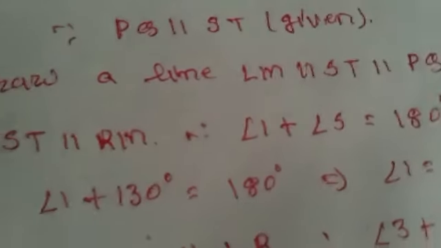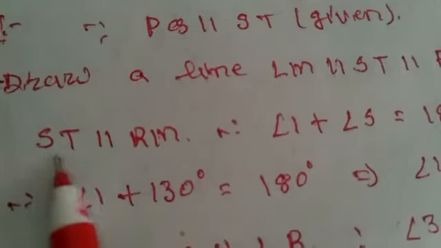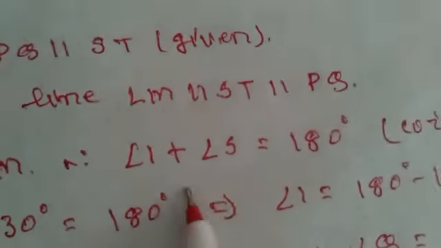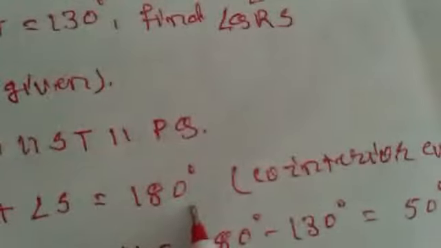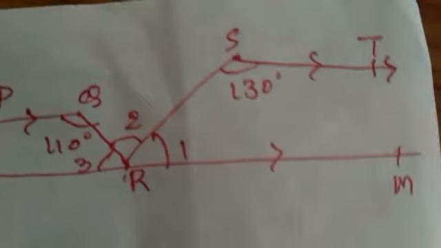So by the property of parallel lines, since ST is parallel to RM, angle 1 plus angle 5 will be 180 degrees due to co-interior angles. Let's see in the figure.